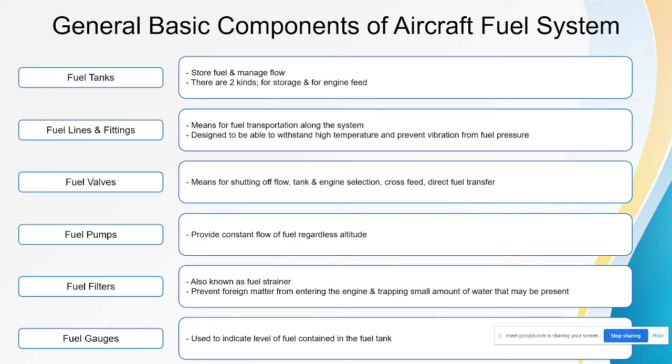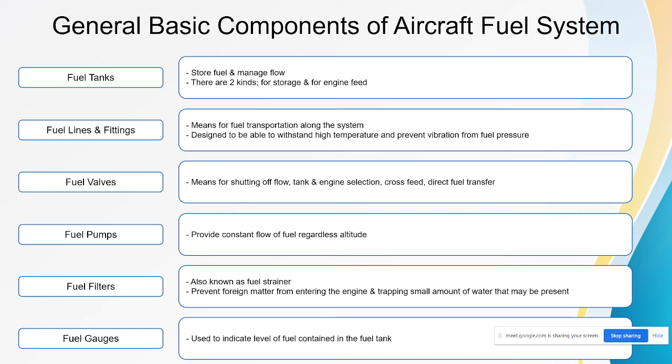And the third one is the fuel valves. Fuel valves are usually used for shutting off the flow, for selecting the flow from which tank to which engine, and then for closed fit application and also for direct fuel transfer.